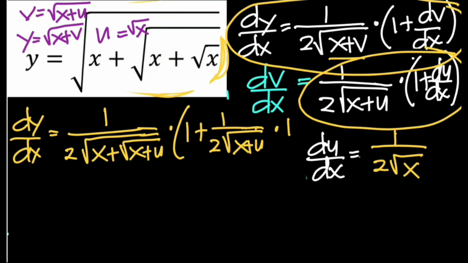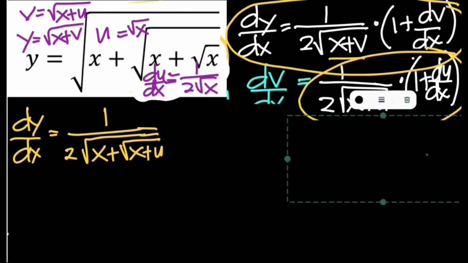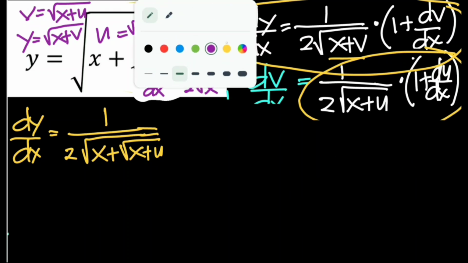Alright, no more space. So let me just write du over dx here, so I can delete that. 1 over 2 square root of x. So there'll be more space.